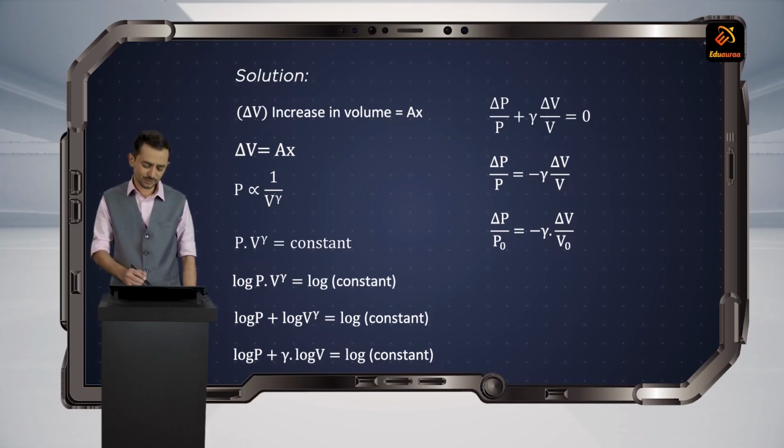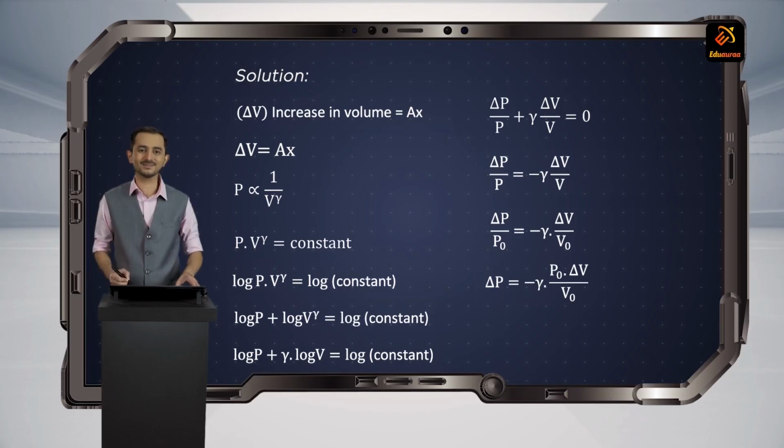Let's rearrange this. So we get delta P, change in pressure, is equal to minus gamma multiplied by P0 multiplied by delta V, the whole upon V0. Students, now we have formula for delta P, change in pressure.